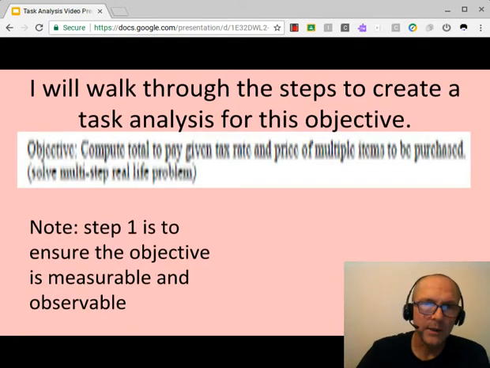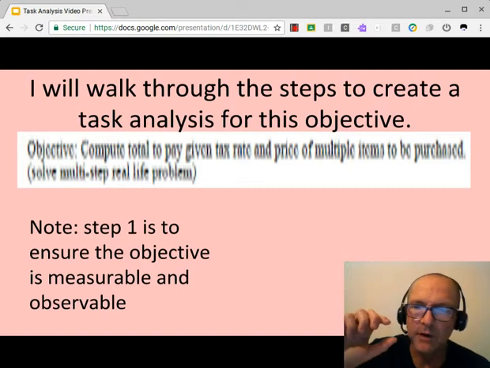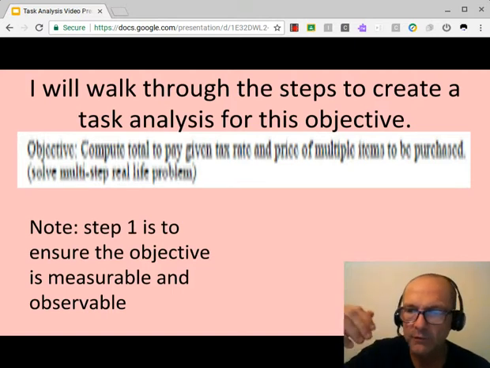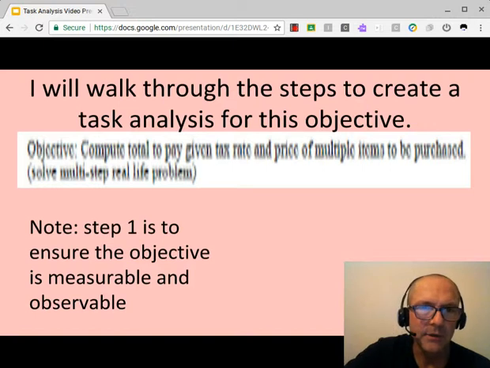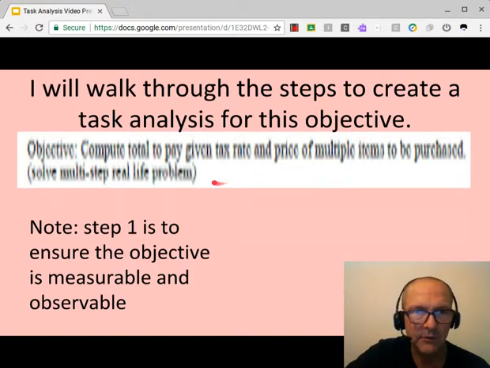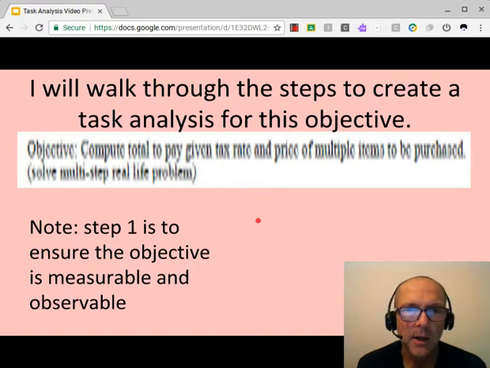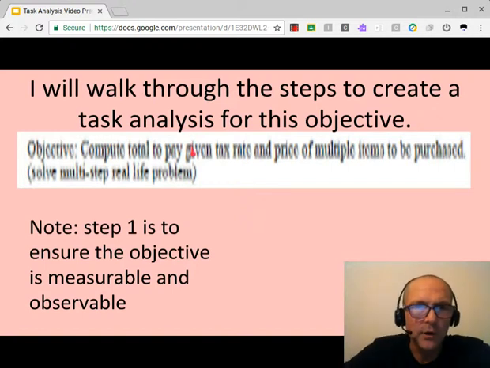So step 1 is you have an objective. Well, you covered that last week. This one doesn't look good, but I wanted to give you an actual IEP objective. This is one that I want to use for this example, for this we do. And that is you're going to compute the total you have to pay given a tax rate and the price of multiple items.